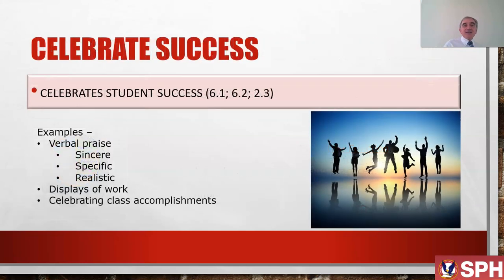And then another idea that we have here is celebrating student success. Is it evident in the classroom that the teachers are celebrating and making it clear to students that they are succeeding? Are there examples of verbal praise? Is that praise specific?